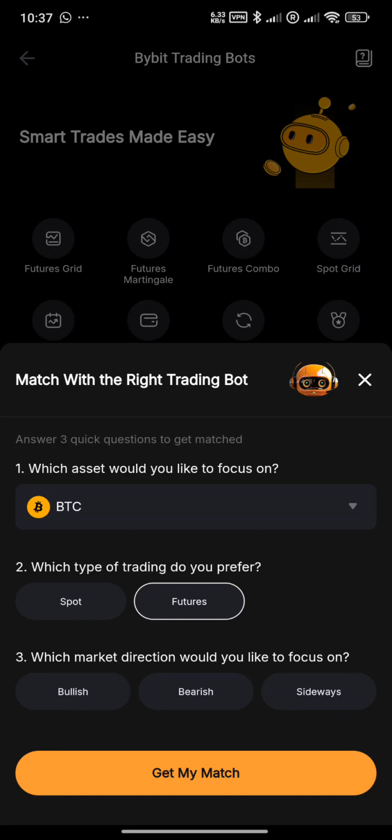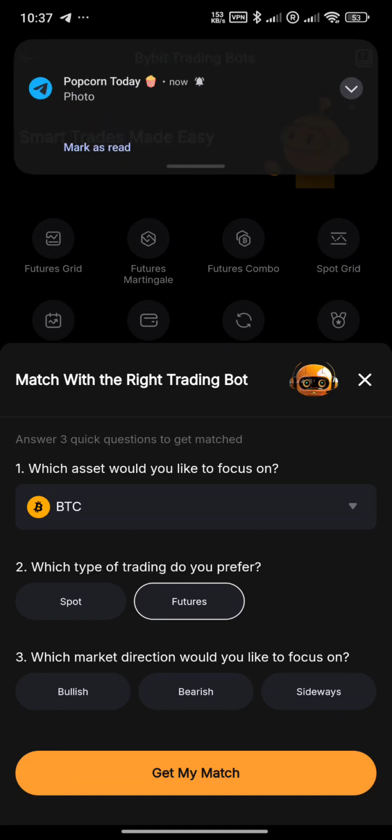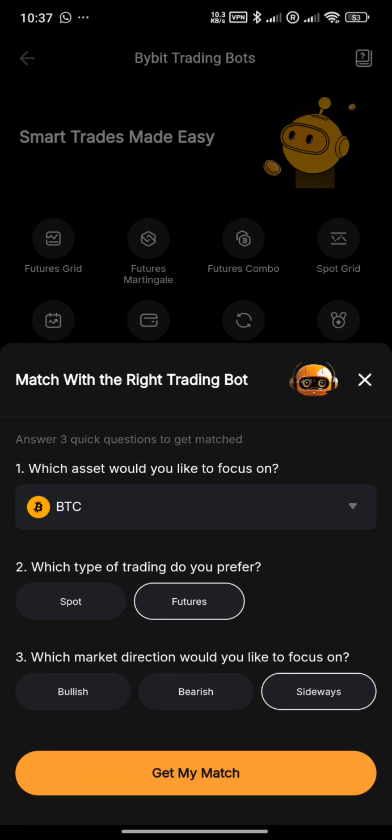I would say bullish should be for a bullish market, and right now we are still bullish overall. But the movement and the price action pattern, we are not yet in a bearish market, but on a short time frame we are in a bearish market. Sideways also, you can probably choose sideways for now.